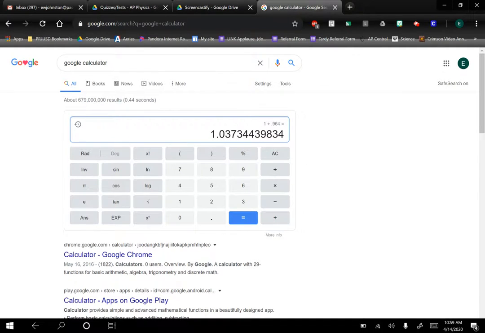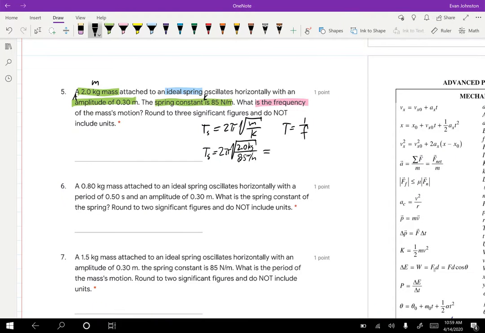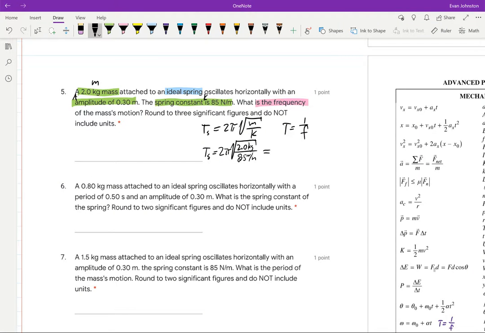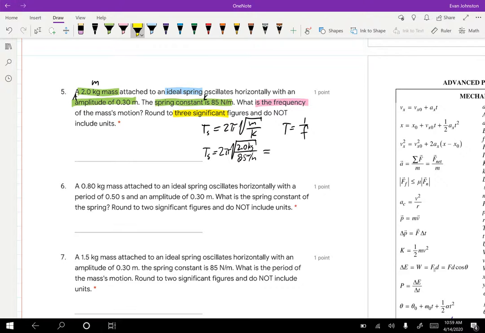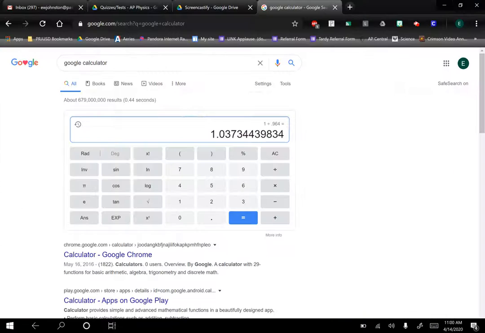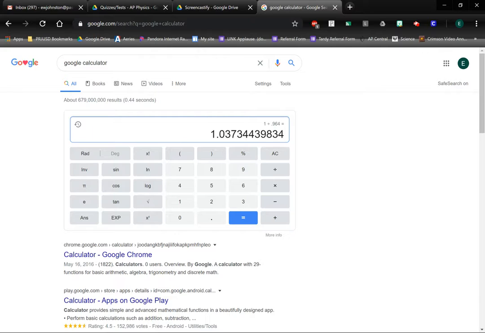1.037. So let's look at the question again. The question says round to 3 significant figures. So looking at the answer we got, 3 significant figures would be 1.03, but this 7 makes that 3 become a 4.